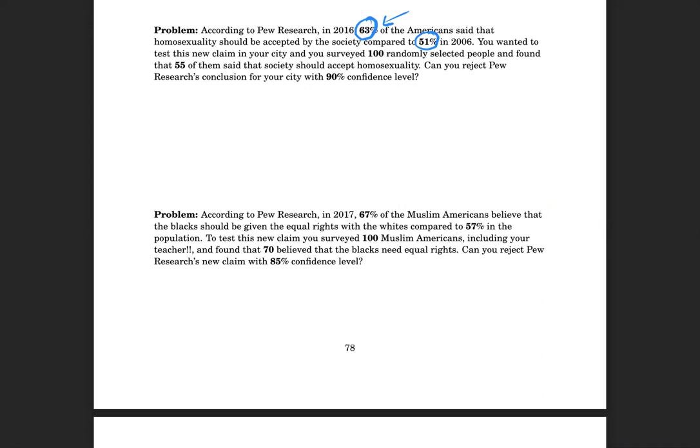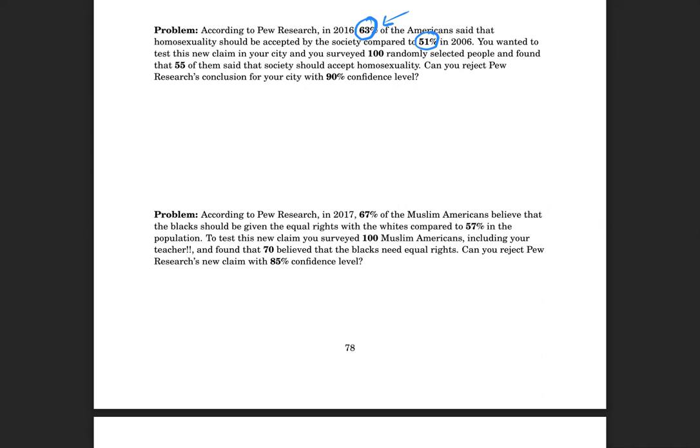All right, so these are actual reports, by the way. When I made these problems back in 2016, or 2017 at the latest, Pew Research, a respectable organization that provides data and surveys on our nation and society, is considered unbiased and reliable.